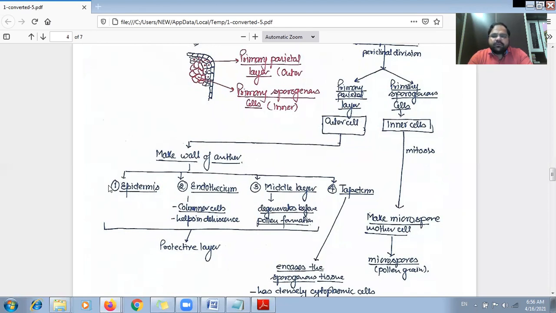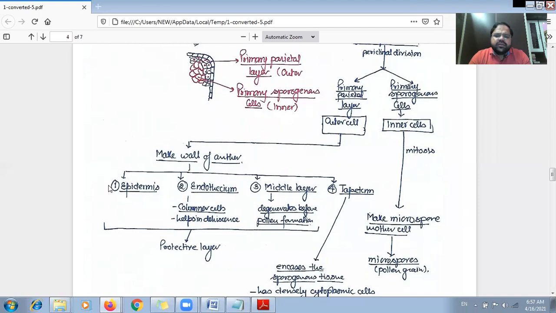The outermost wall of the anther will be the epidermis, and below the epidermis there will be columnar cells which help in dehiscence of the anther to spread the microspores; this is called the endothecium. The third layer is called the middle layer, and this middle layer degenerates after some time, before pollination.